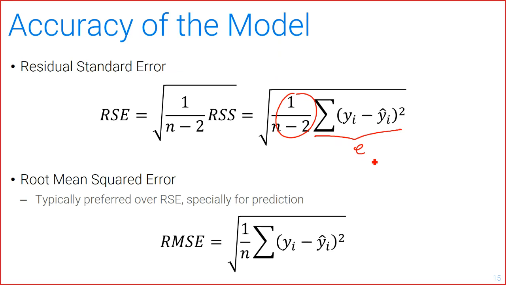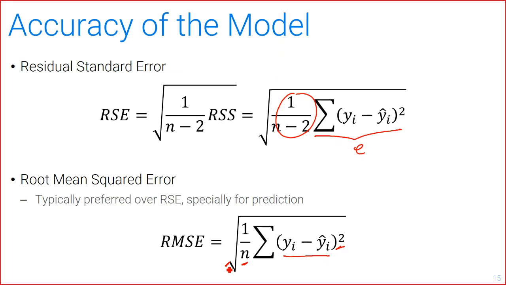Something that is more intuitive in a way is what people call the root mean square error. So essentially you get the error, you square it, you get the mean, and then you get the square root. So it's essentially something like what is the expected residual, and this is typically what people use when they use linear models for prediction.